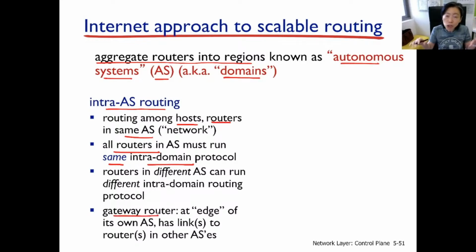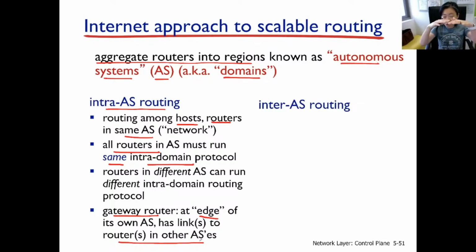Now, each AS will also pick powerful routers, usually sitting at the border of the AS. These powerful routers, I called them the delegate routers earlier. Here you see a more formal way of calling them: the gateway routers. So gateway is what, the doorway. The router sits at the border of the AS, connecting to another AS. So gateway routers, powerful delegate routers, will be sitting at the edge, the border, of their own AS, and have links both towards routers within the AS and links to routers in other ASs.